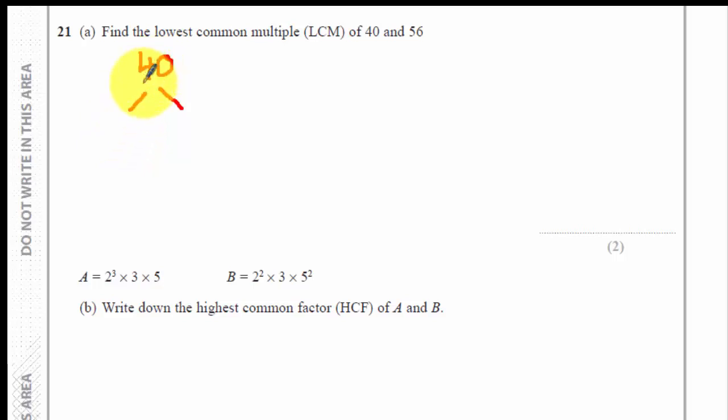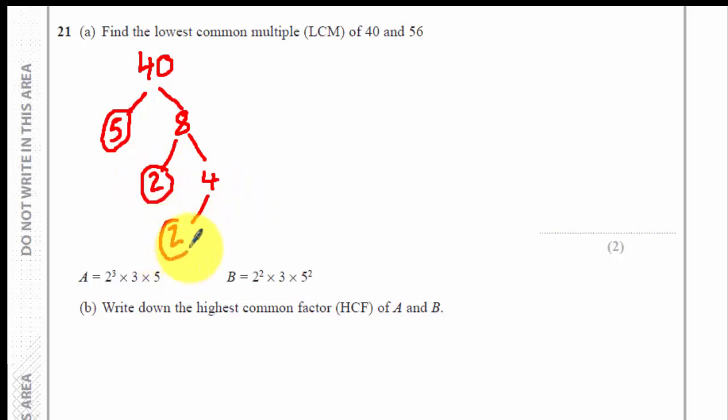So I'm going to break 40 down into the product of prime factors. That means I'm going to look for two numbers that multiply to make 40. 5 times 8 is 40. If you start off with different numbers, i.e. 4 and 10, you get to the same answer. Now 5 is prime, I can't break that down anymore, so I'm going to circle it. 8 is going to be 2 times 4. 2 is prime, so I'll circle it.